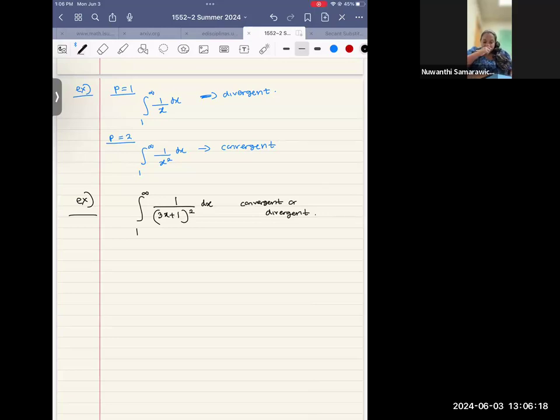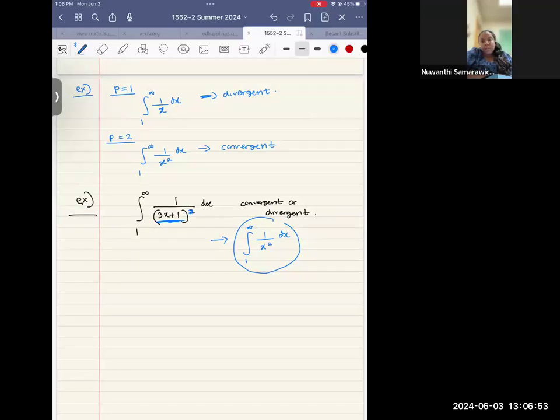You can see this is similar to the one we did, the integral of 1 over x squared dx, even though inside it is 3x plus 1, because of the power.